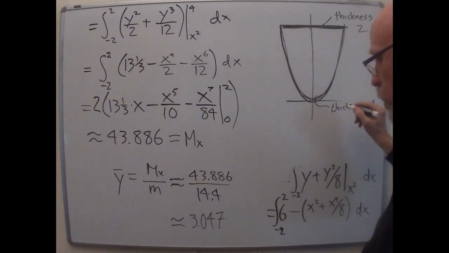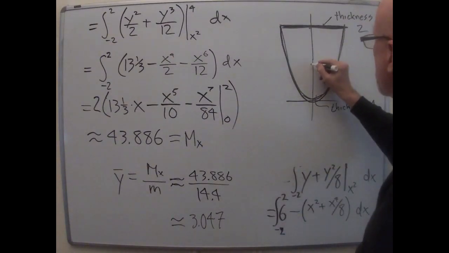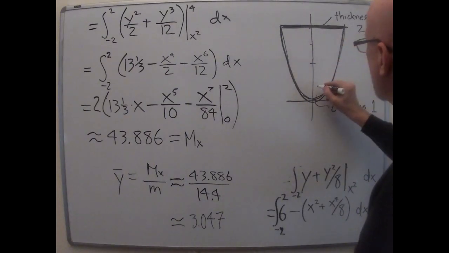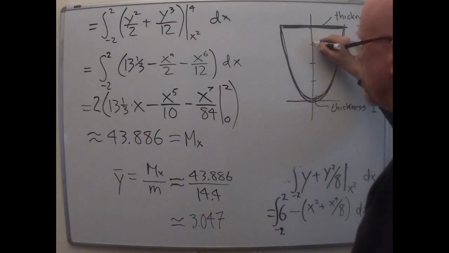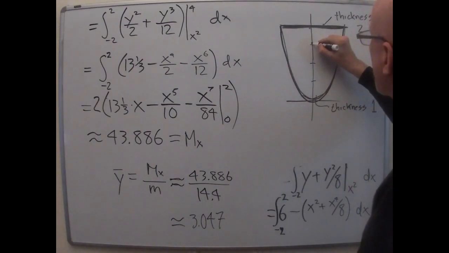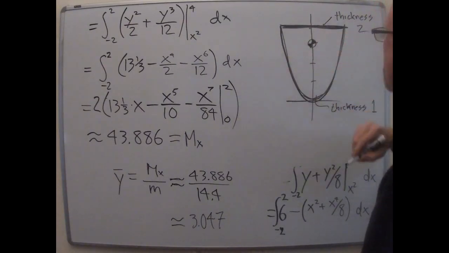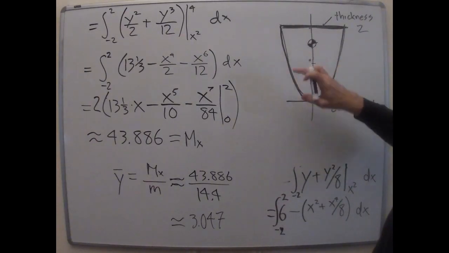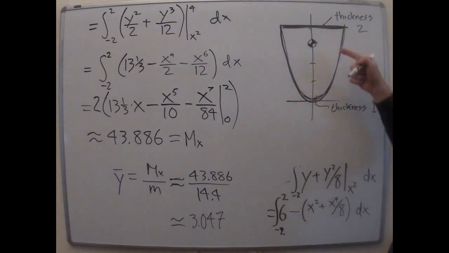And the balancing point, the center of gravity is, let's try to draw it pretty accurately, a little tiny bit above 3. So if we want to make one of those CG symbols here, it would be like that. Right on the y-axis, but almost way closer to the top edge than you might have thought.